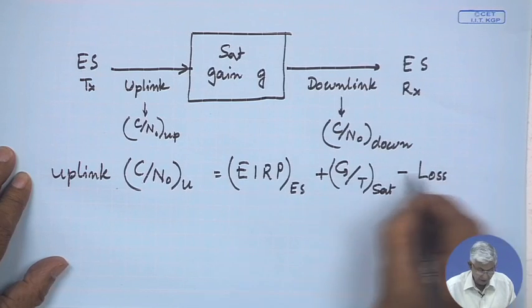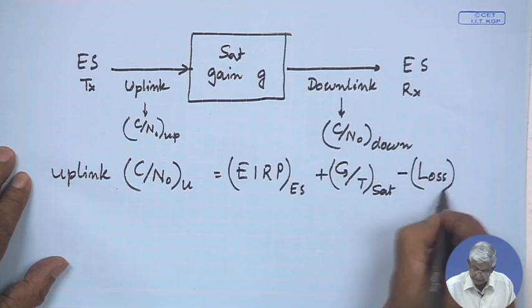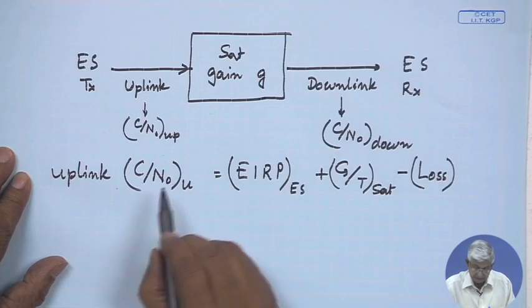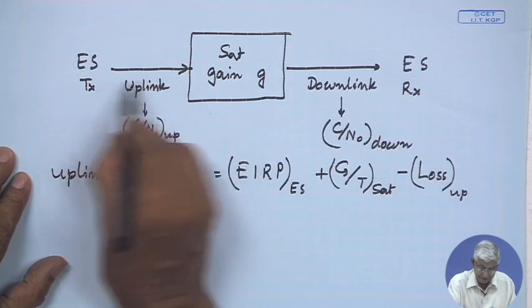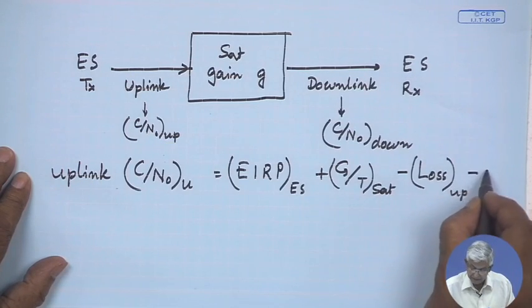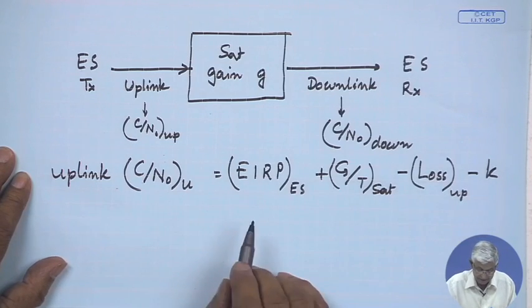Path loss is dominant, but all other losses are there, so I simply write loss. So, that is in the uplink path, there is loss, and minus the Boltzmann constant K. All are in dB, that is why plus and minus are applied.